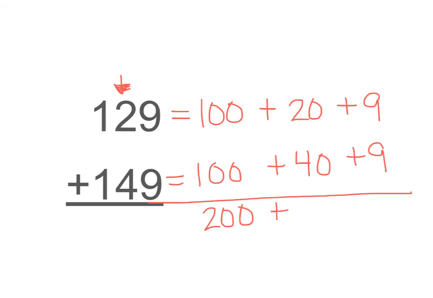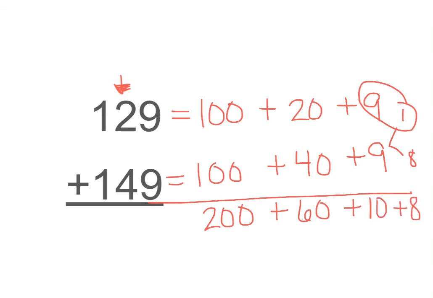So 200 plus 60 and 9 plus 9, we're going to make a 10 by giving the 9 a 1. 200 plus 60 plus 10, let's combine our 10s together for 278. Again, always box your answers.